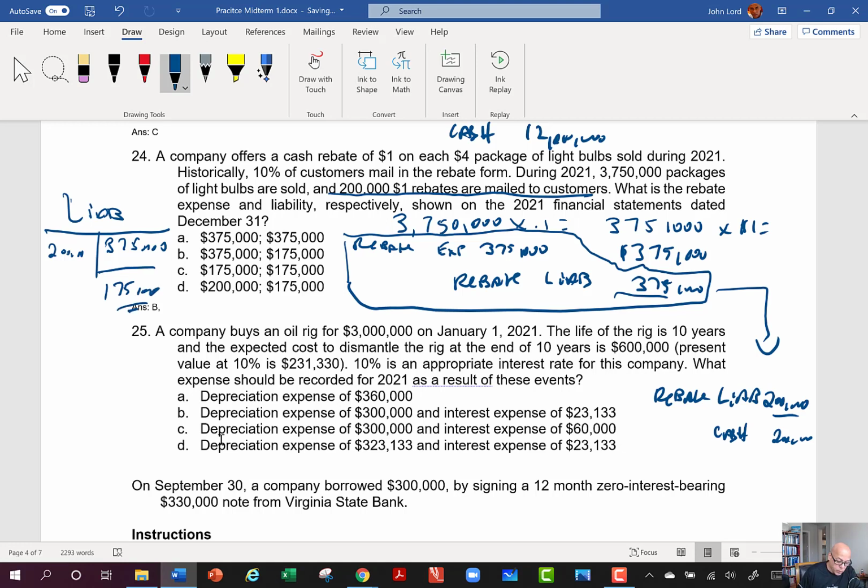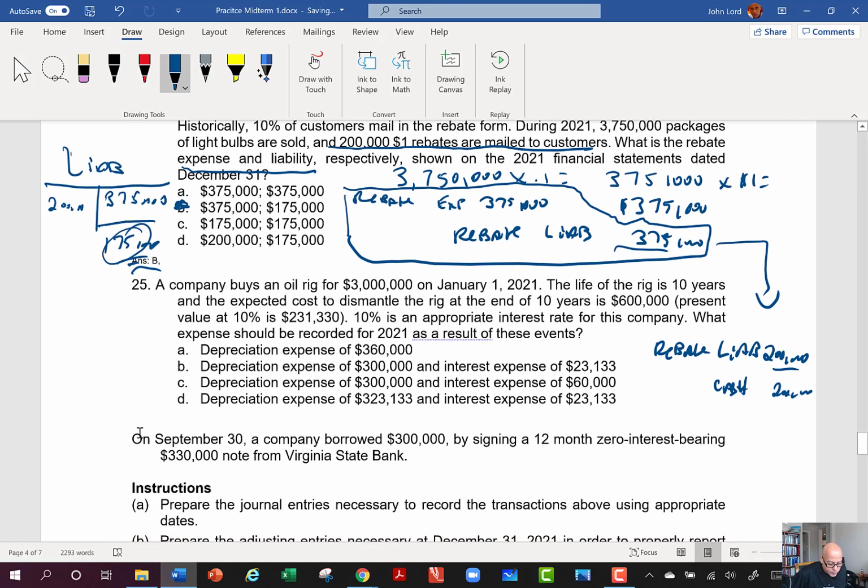Okay, and so we have liability on the financial statements dated December 31st. What amount of rebate expense and liability? Expense is what? 375. Liability, as we just showed, was 175. Answer B. Okay. All right, good.